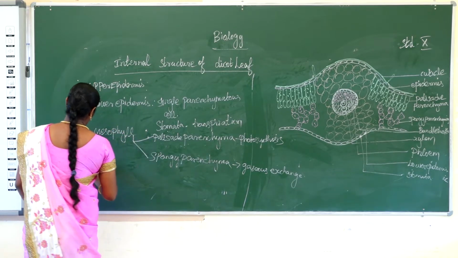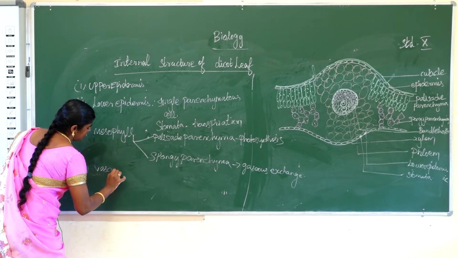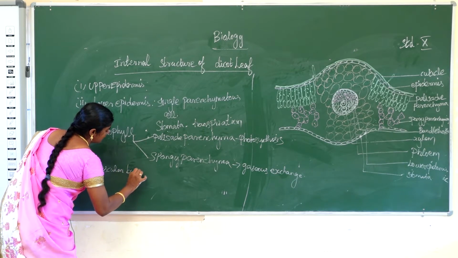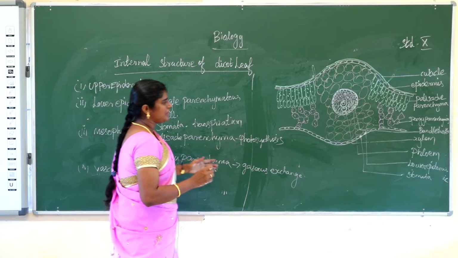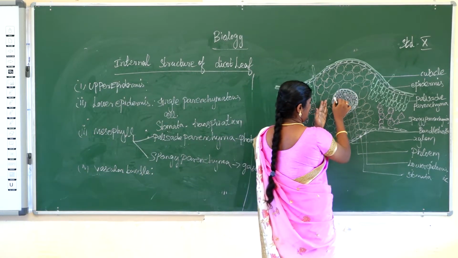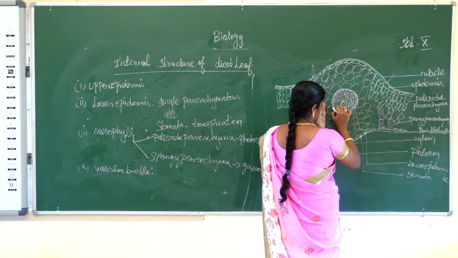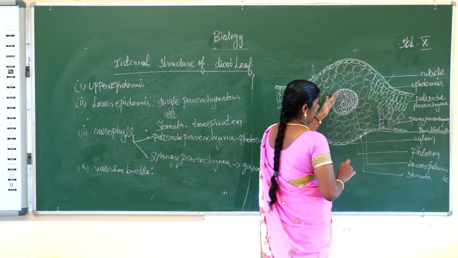Okay, next one, vascular bundle. The vascular bundle or midrib is larger in size. Xylem and phloem are present.